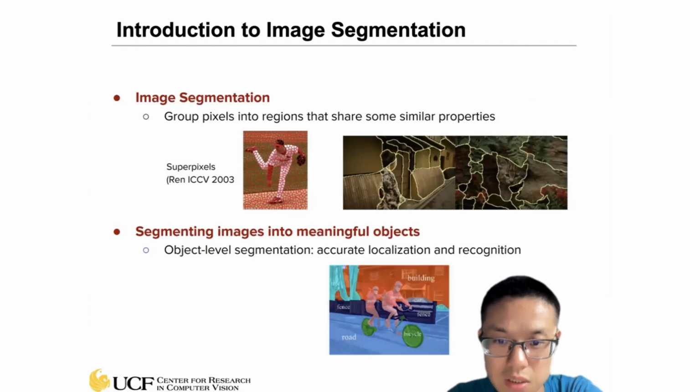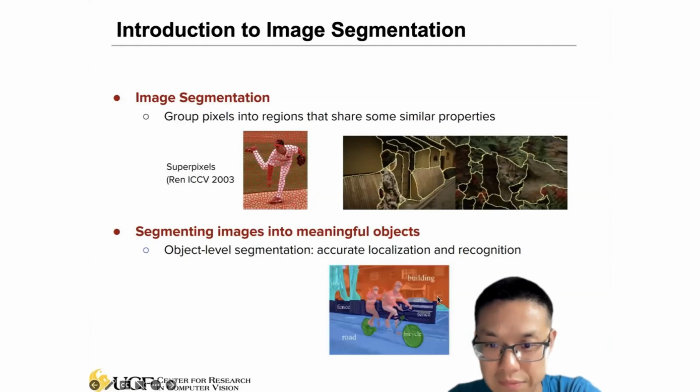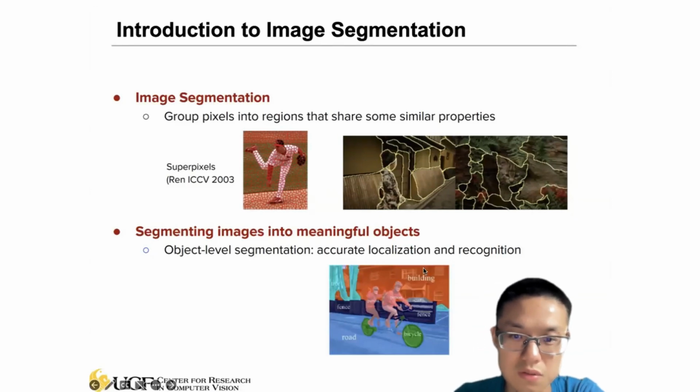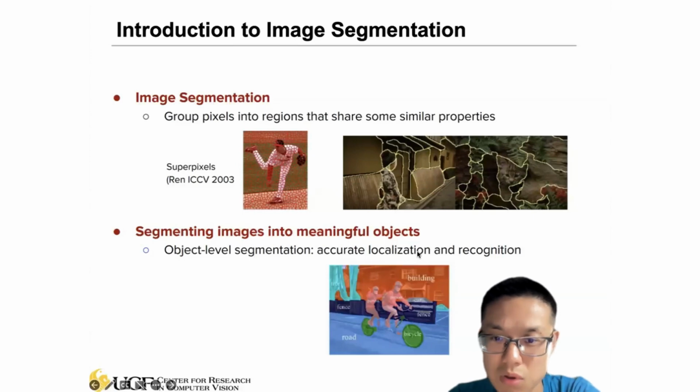So this group of pixels corresponds to a specific object, maybe a bicycle, in this green color, and this group of pixels corresponds to another object, a person, and we have buildings and other semantic classes. This is the most common case when we talk about semantic segmentation. Usually we're referring to classifying or segmenting the image into different semantic classes.